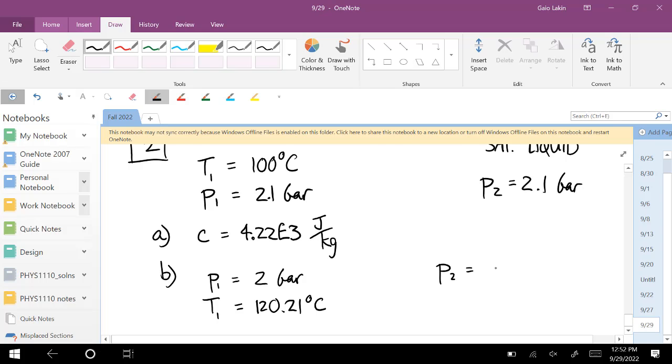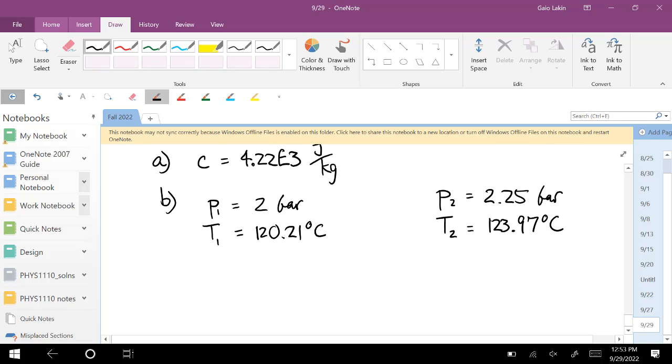For a pressure of 2.25 bar, you're given that the saturation temperature is 123.97 degrees Celsius.